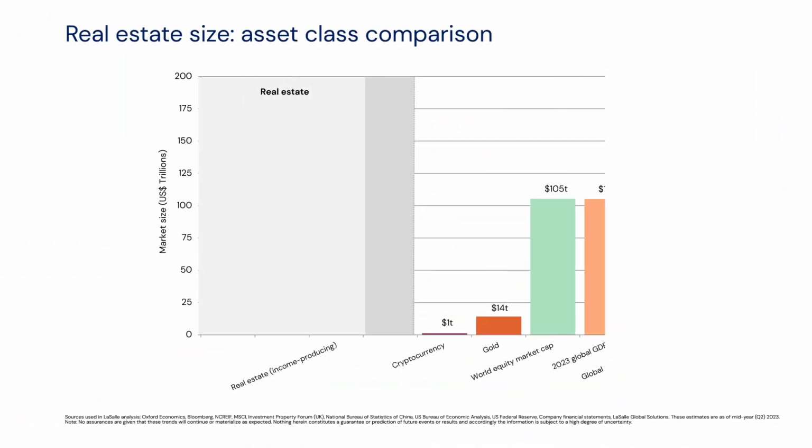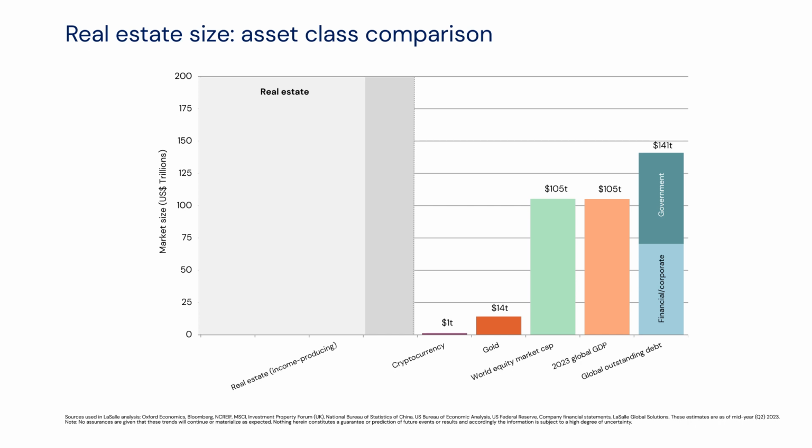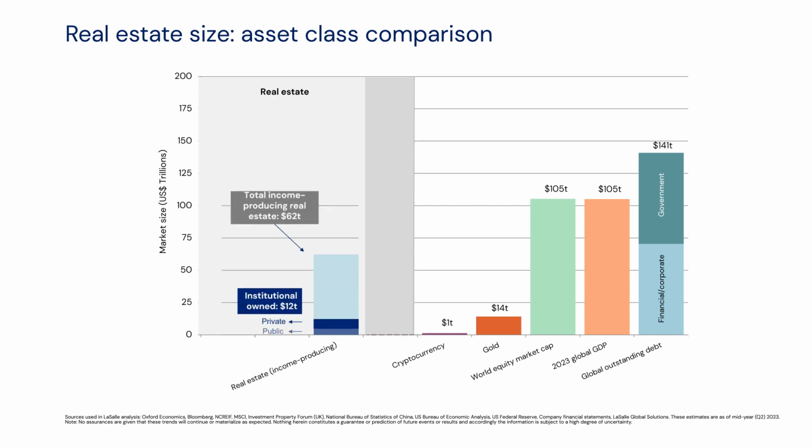And when we look at the real estate market compared to stocks and bonds, we see that it's really like a smaller sibling, at least in the case of the institutional real estate market. We see that income producing real estate as a whole is about half the size of the equity market and 45% of the global bond market.